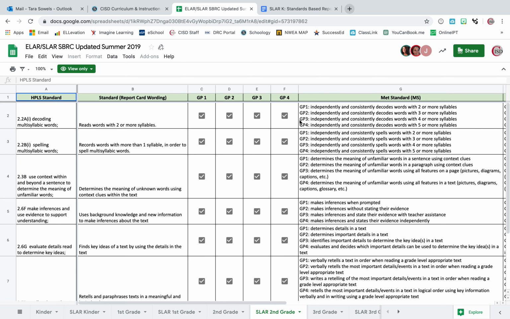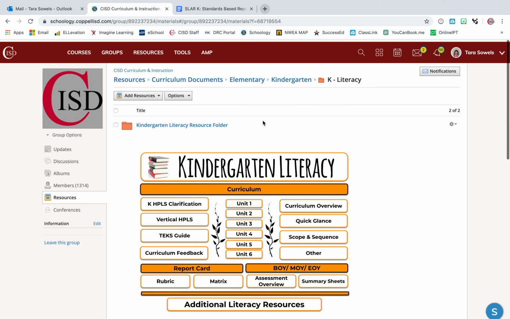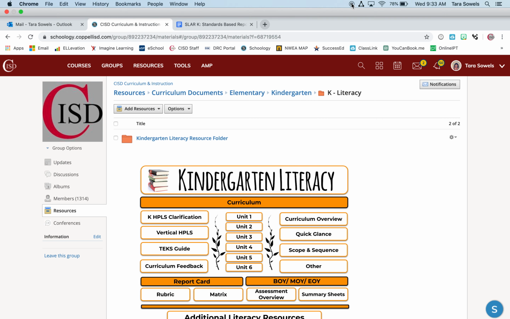So those are all of the documents that have been created specifically for Spanish language arts, and you can access all of those on the Spanish Literacy landing page for your grade level, whether that's Kinder through 5th.